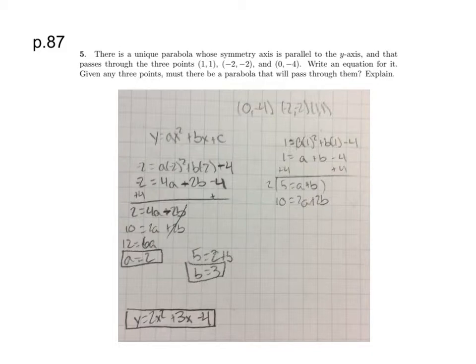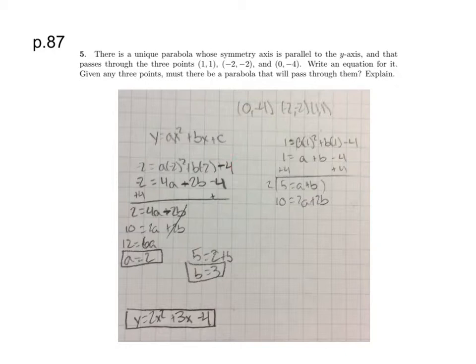Explain. Okay. The equation for it is y equals ax squared plus bx plus c, and we plugged in (0, negative 4), so negative 4 for c. Why did you plug in negative 4 for c? Because there's a 0 for the x, so we just put it in.